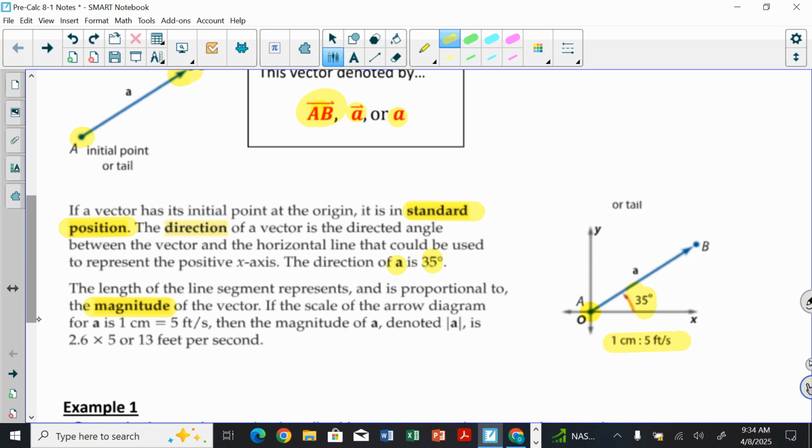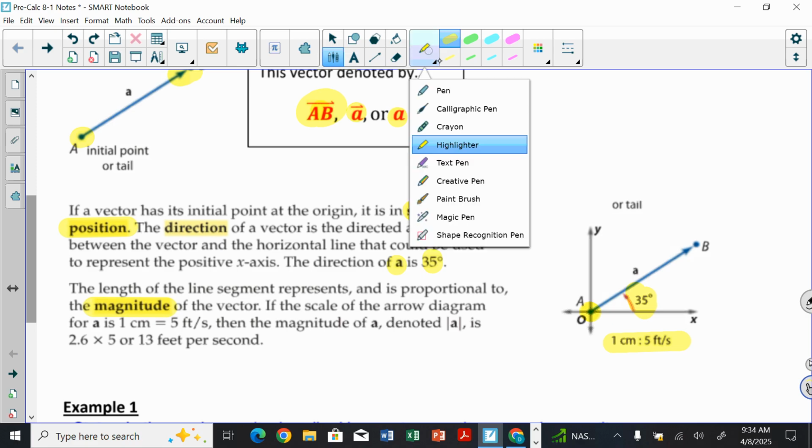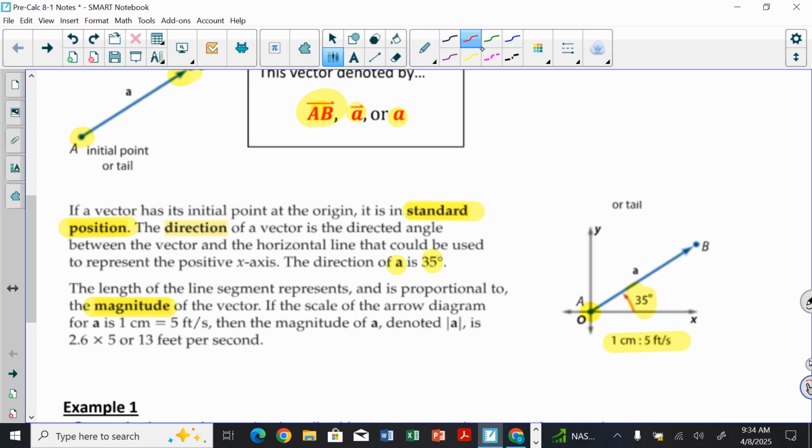Then the magnitude of this, if we measured it, would be 2.6 centimeters. Since 1 centimeter is equal to 5 feet per second, and this vector is 2.6 centimeters long, I could just say 2.6 times 5, or 13 feet per second, would be the magnitude of it.